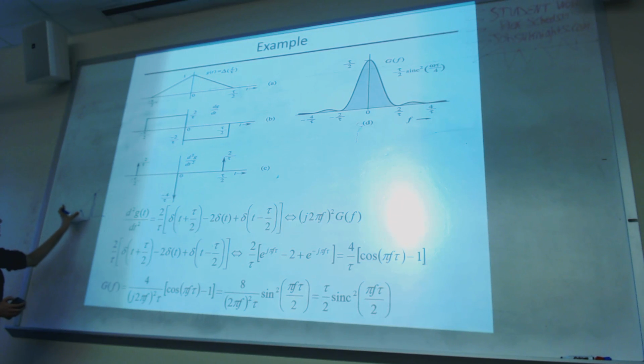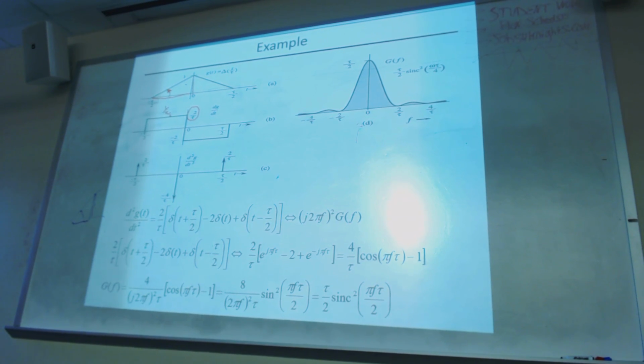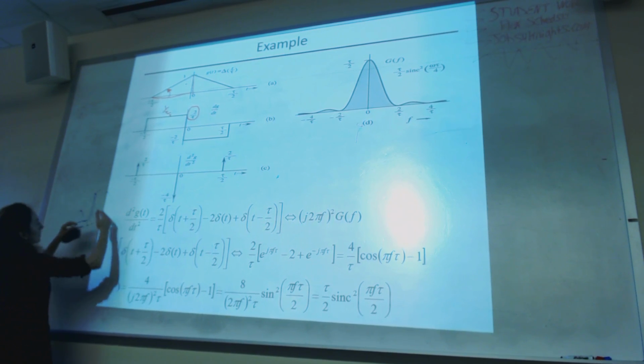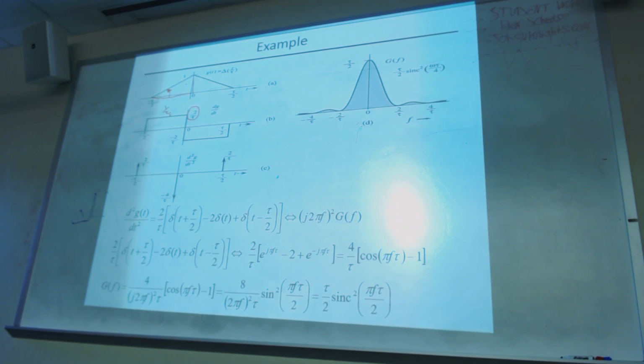In that case it's 1 over τ/2, so 1 divided by that is the slope, which gives you 2 over τ. This slope is positive. For the other side, the slope is negative, so you get negative 2 over τ.